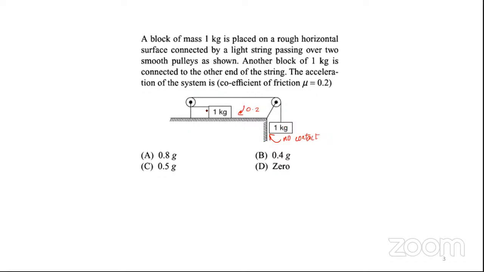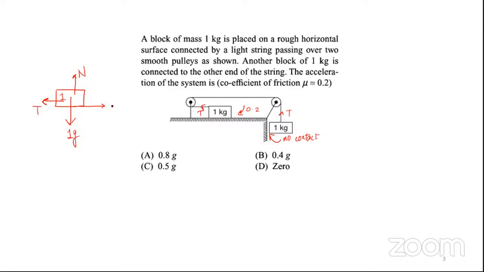All right. So the string is the same. So here is T, here is also T. Let's start with making the FBD for both of them. For the one on the surface, this is 1, so it is having mg downwards, that is 1g. It's having normal force upwards, tension T, and it wants to move in the left direction.